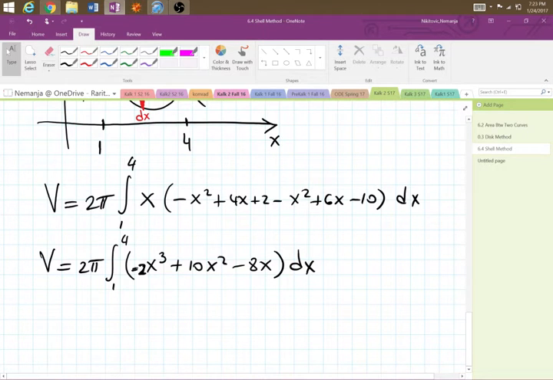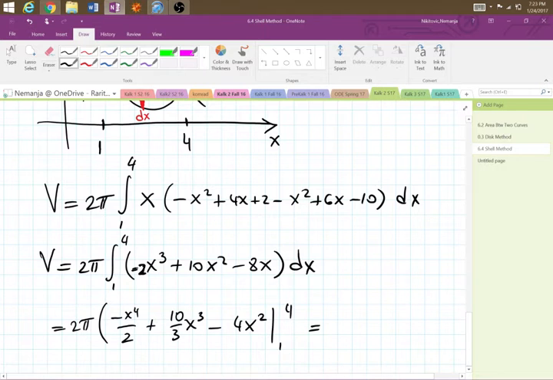All right, so what is this now? 2 pi times x to the 4th over 4, so negative x to the 4th over 2, plus 10 thirds x cubed minus 4x squared, from 1 to 4. And that's a number at the end.